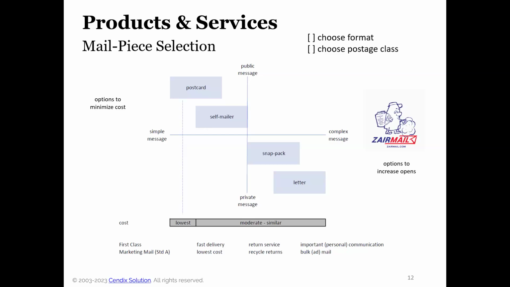Marketing mail is really for marketing messages. Marketing mail is the current name the U.S. Postal Service is trying to use to brand it. Historically, we would call it standard A or even bulk mail. It is the lowest cost for the kind of mailing we would do. But it is going to take 7 to 10 days for delivery.